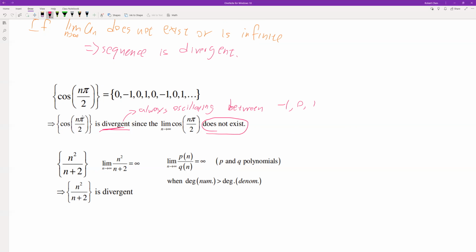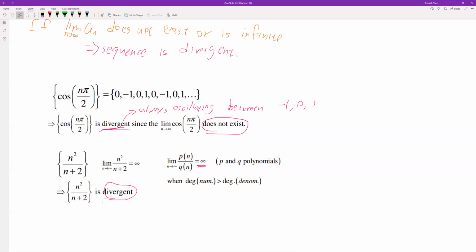Now, another one is when we get infinity when we take the limit. Like in this case, n squared over 2. The degree of the numerator is greater than the degree of the denominator. So from Calc 1, we know that the limit is going to go to infinity. Therefore, we can conclude that the sequence is divergent.